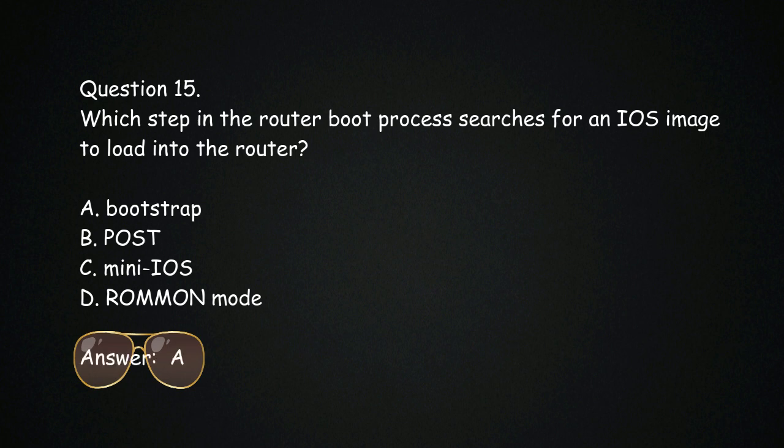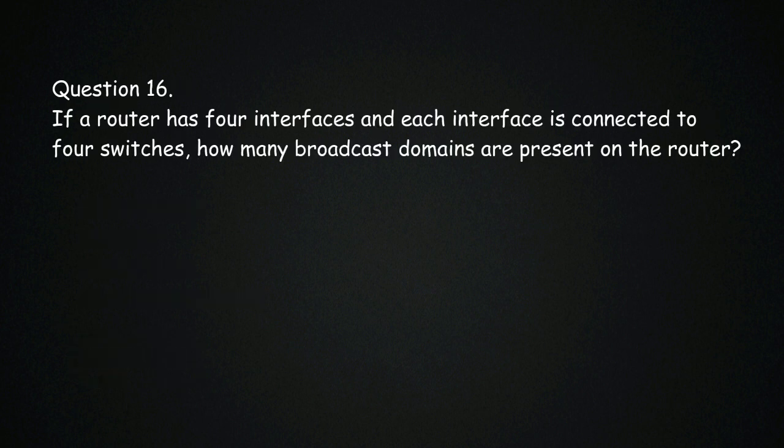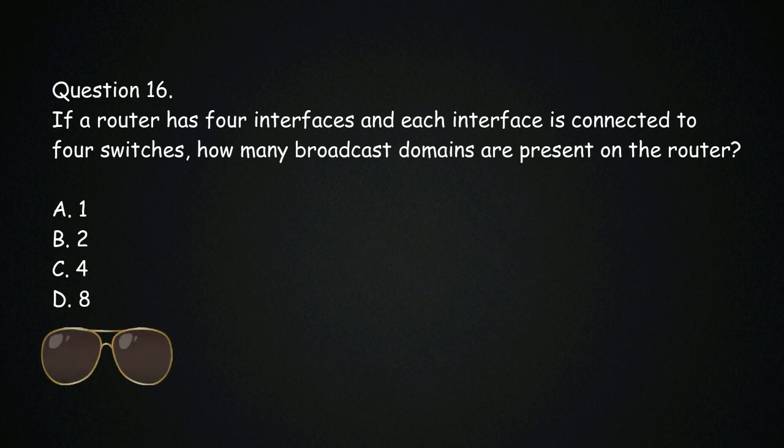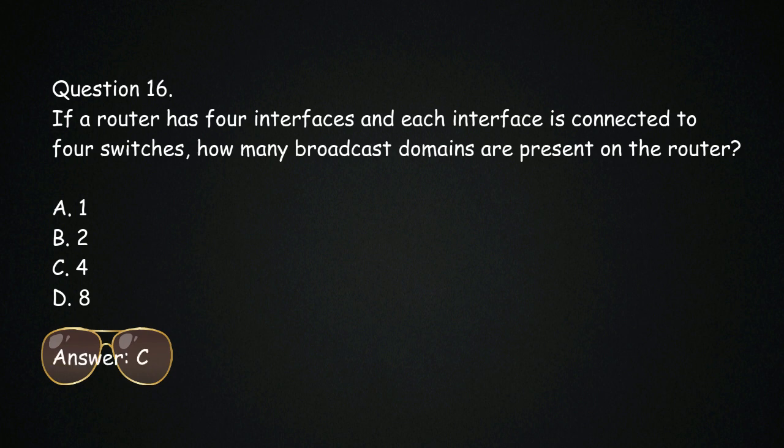Answer is A. Bootstrap. Question 16. If a router has 4 interfaces and each interface is connected to 4 switches, how many broadcast domains are present on the router? Answer is C. 4 broadcast domains are present on the router.